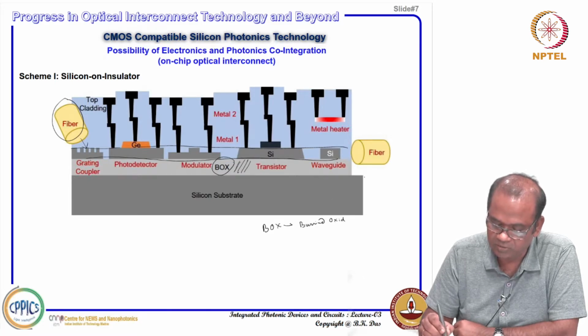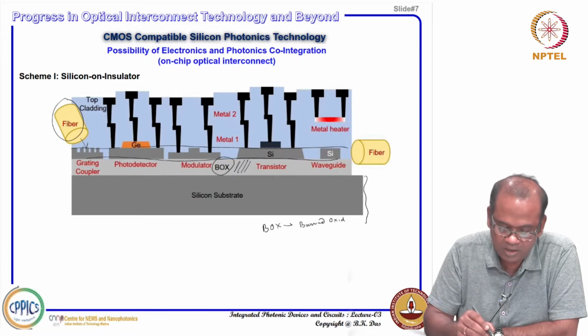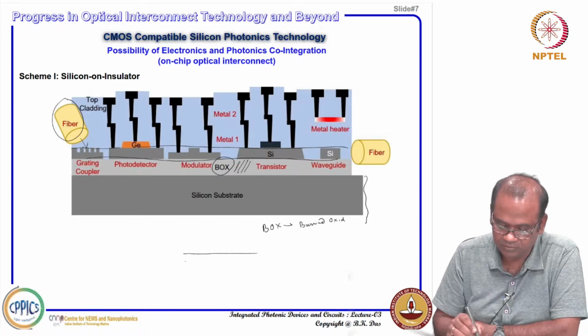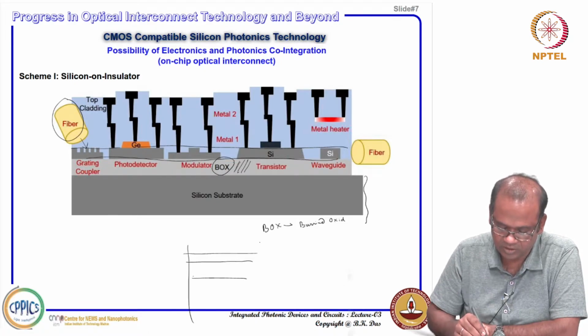And this is your substrate, and commercially you can get such a wafer. This is oxide and then substrate. So, this is your substrate, silicon and silicon dioxide, that is box, and this is called SOI, silicon on insulator.